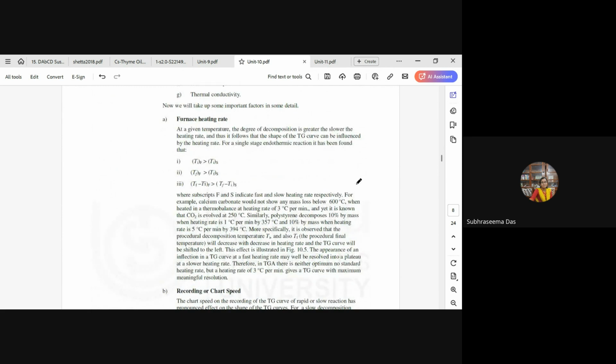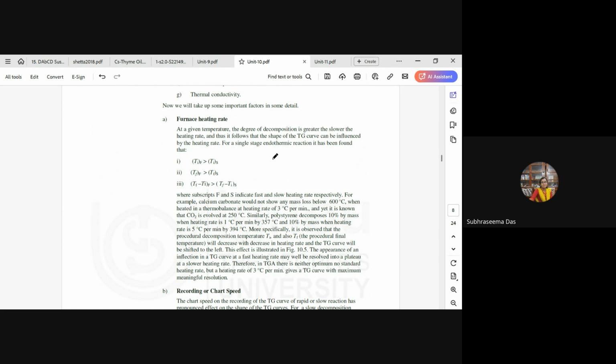First is the furnace heating rate. At a particular temperature, the degree of decomposition is greater the slower the heating rate, and this affects the shape of the TG curve. For a single stage endotherm, it has been found that T_iF is greater than T_iS, where F indicates fast heating and S indicates slow heating.